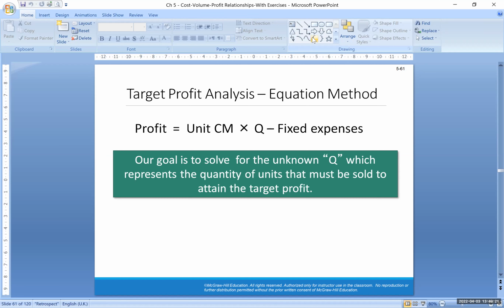For the equation method, as I say, the profit is equal to unit contribution margin multiplied by quantity, all minus the fixed expenses.